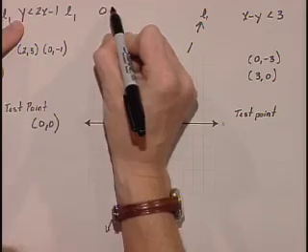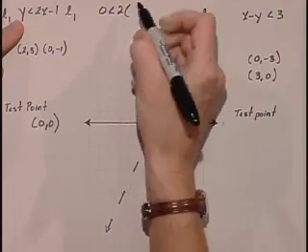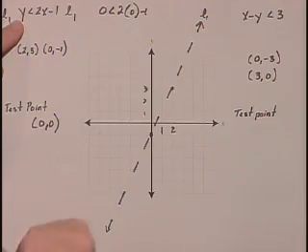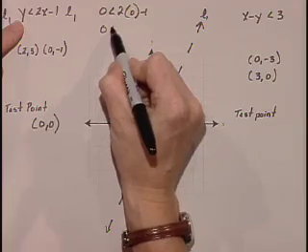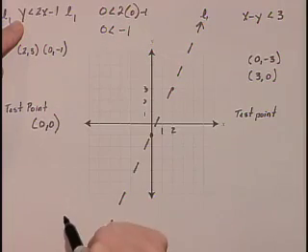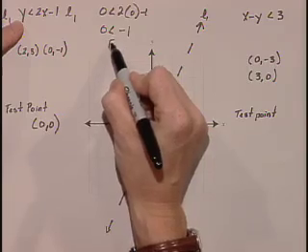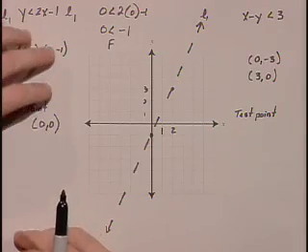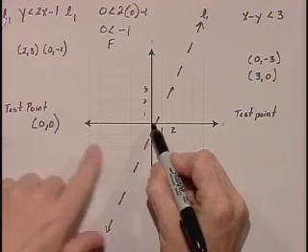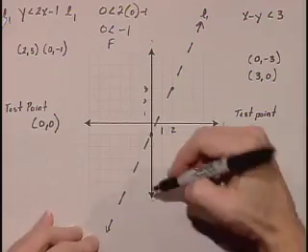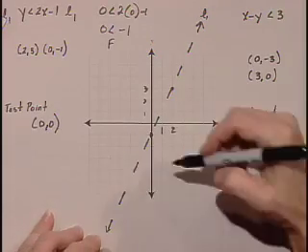We'll have 0 is less than 2 times 0 minus 1. Is 0 less than negative 1? That's false. 0 is not less than negative 1. So 0, 0 did not check as a test point for line number 1, so we are going to shade the opposite side.